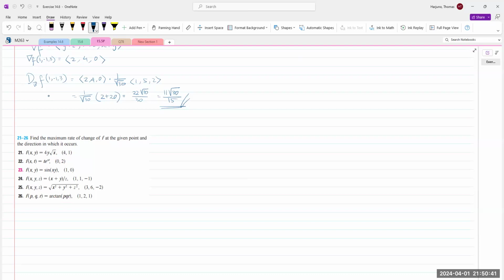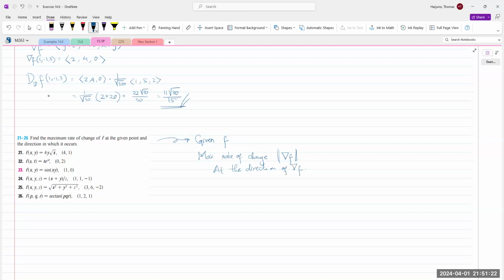So the theory first: given the function, the maximum rate of change is the magnitude of the gradient of f at that point, in the direction of the gradient of f.